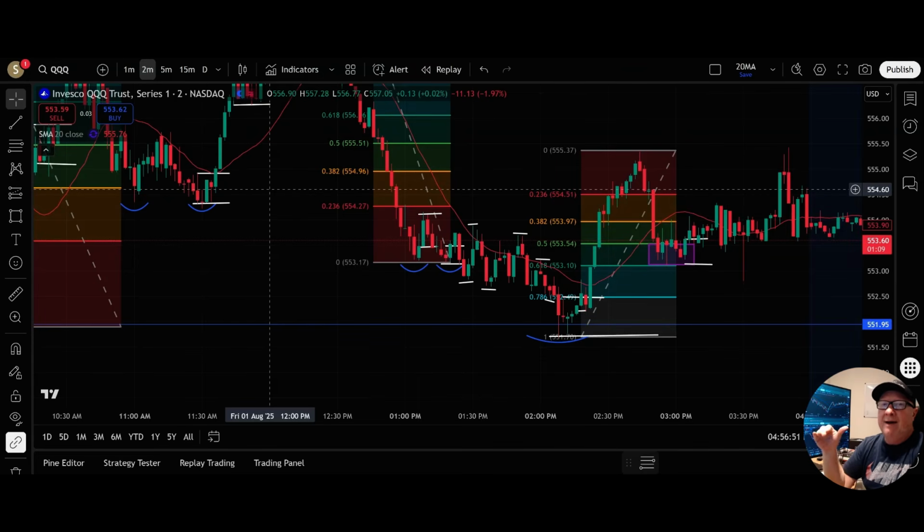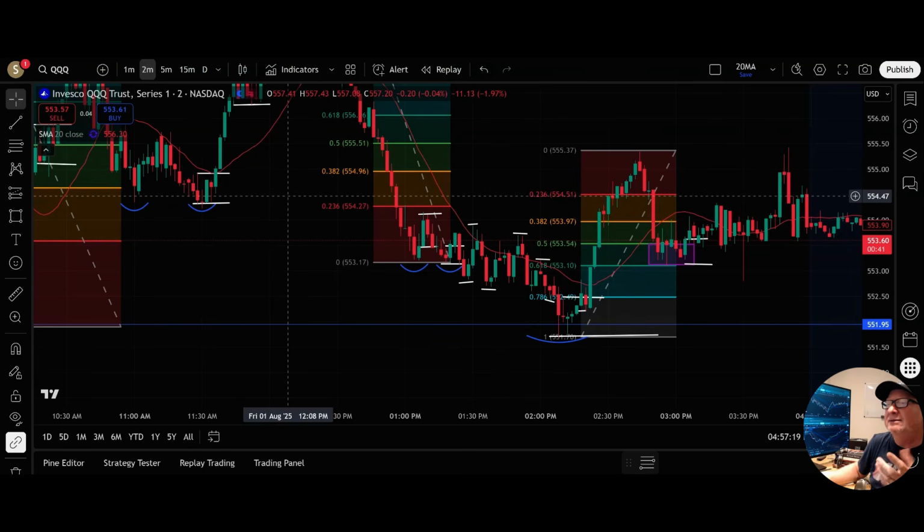And that's why I'm looking for a spot and then a setup. I have traders constantly asking me, what do I think a stock is going to do at some random point? And the first thing I do when I pull up that chart is look for a spot. Is it near a spot?